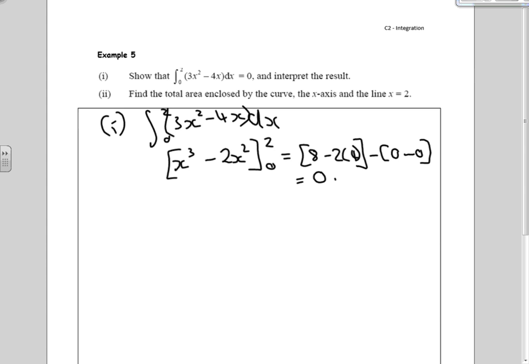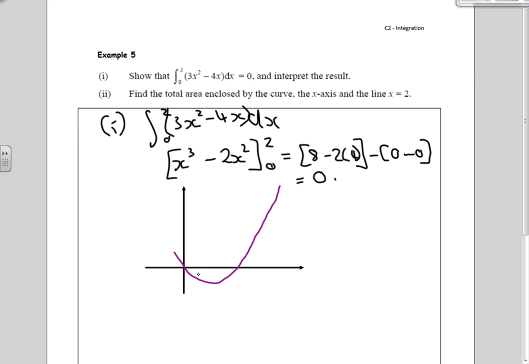But of course, if we have a look at the graph, where we are cutting the x-axis at 0 and 4 over 3, we have something like this.